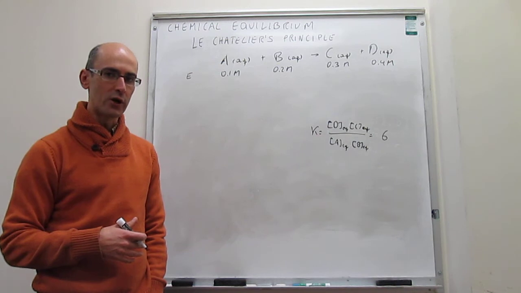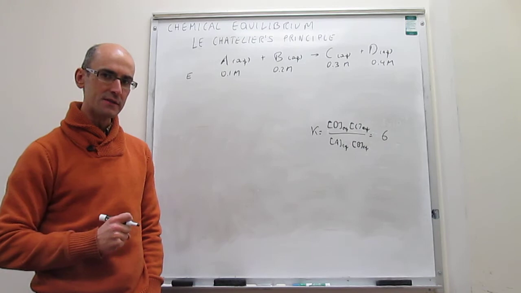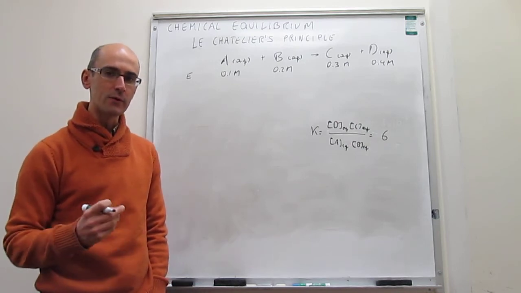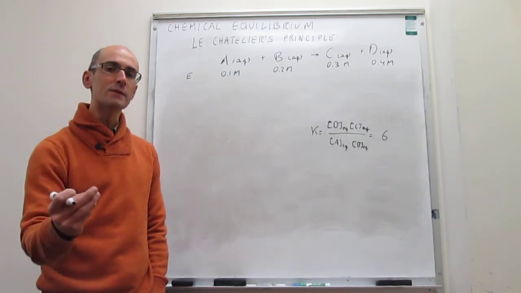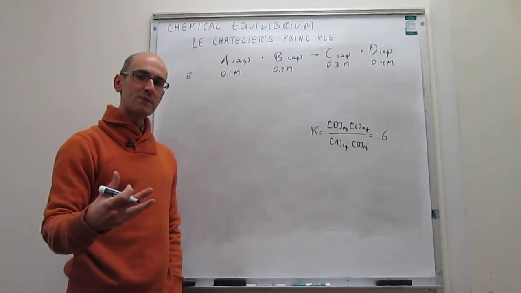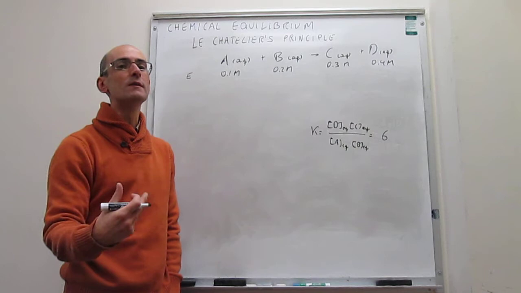That's how equilibrium works. So the question is, can we use Le Chatelier's principle to predict the direction of change of that equilibrium? The disturbance has been to add more product, and Le Chatelier's principle says that the reaction will shift to minimize that disturbance.